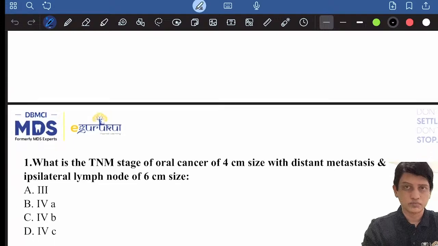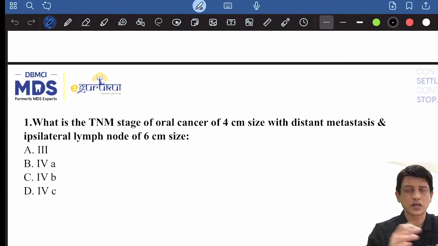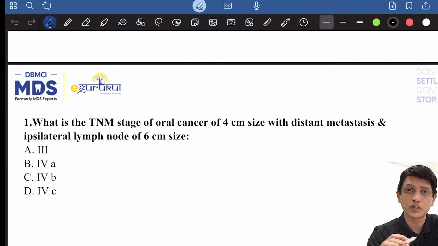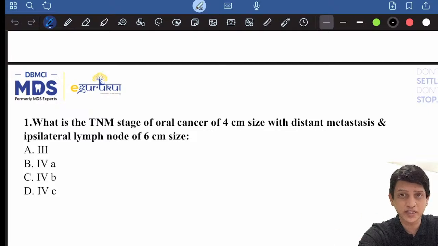A very important question and a very important concept from your exam point of view is oral cancer. I have been telling this since my class days. One question was, what is the TNM stage of oral cancer of 4 centimeter size? T is 4 centimeter, with distant metastasis and an ipsilateral lymph node of 6 centimeter size.